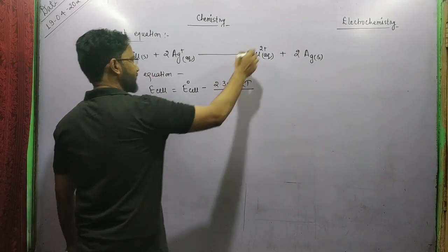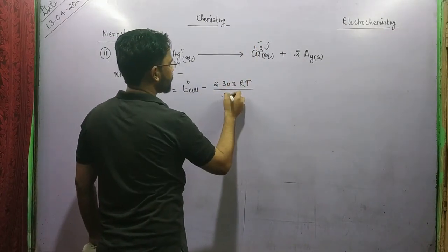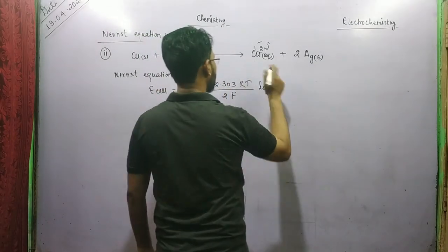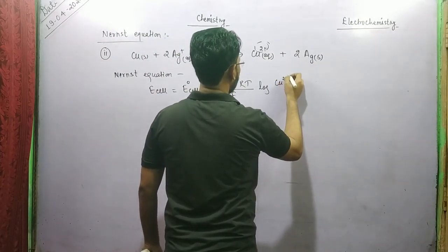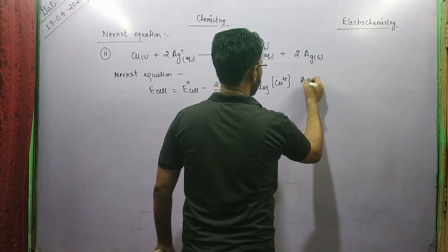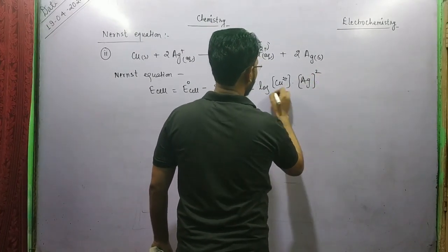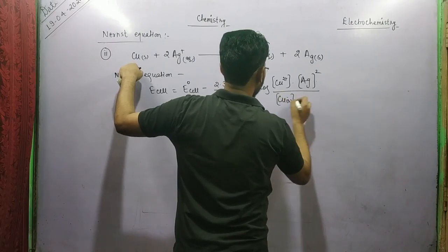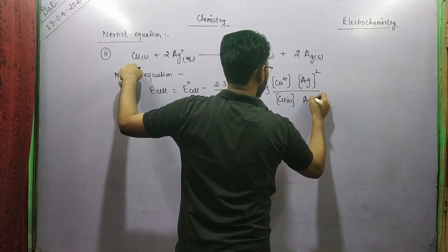The value of N is 2, so 2F, log of the concentration of product, Cu2+ aqueous and Ag solid squared, over reactant Cu solid and Ag+ squared.